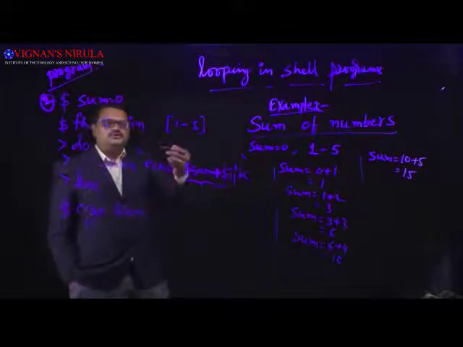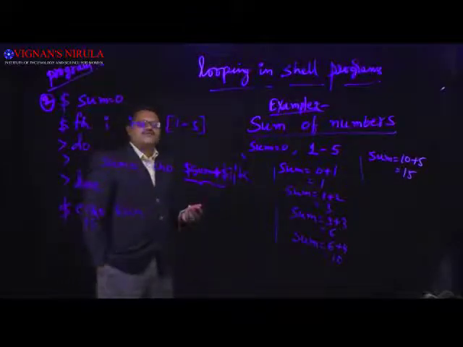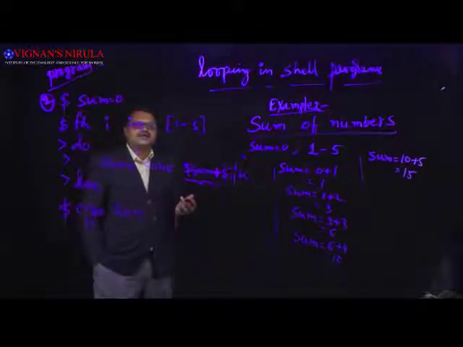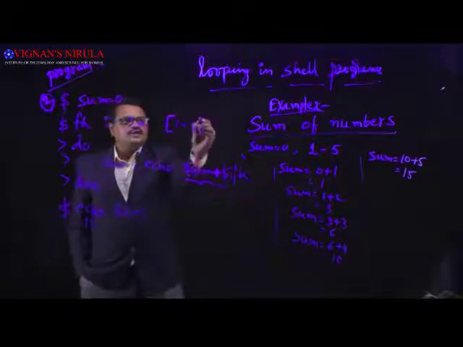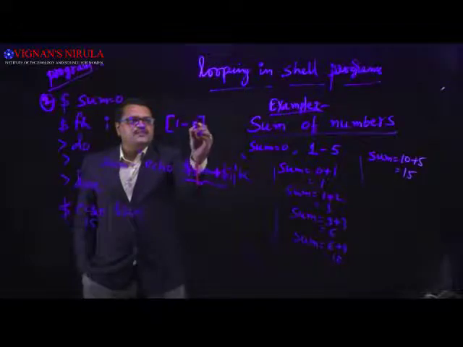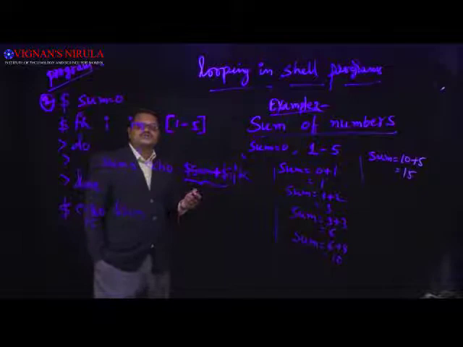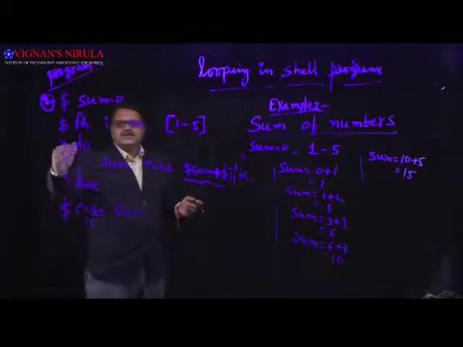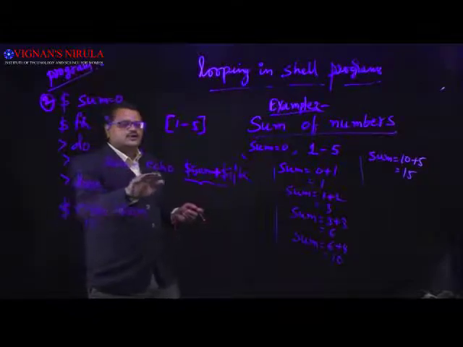The tracing of the program is like this. Initially sum equal to 0, and we take the control variable I. The range of numbers is 1 to 5. If you give anything within square brackets, 1-5, that means the beginning is 1 and the ending is 5, and the numbers are 1, 2, 3, 4 and 5. Okay, so do is the beginning of the loop and done is the end of the loop, and the main statement is sum equal to backtick.